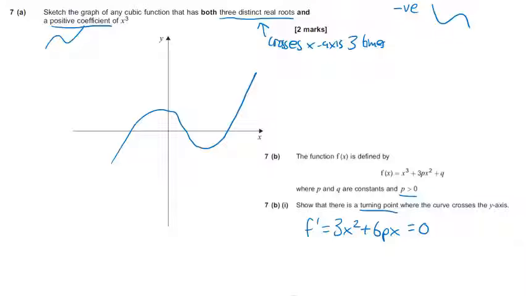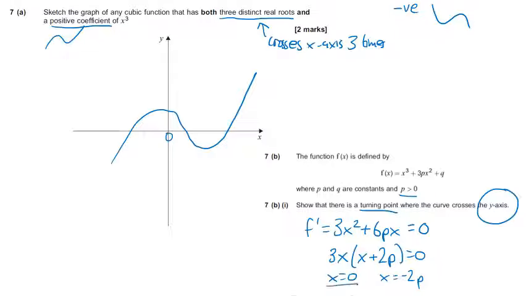I want to find where the derivative is 0. So if I take out a common factor of 3x from each term, I've got 3x times x plus 2p. So either x equals 0, which is what I'm looking for, that's crossing the y-axis, x is 0. And we also got x equals minus 2p, which we need for the next part of the question.